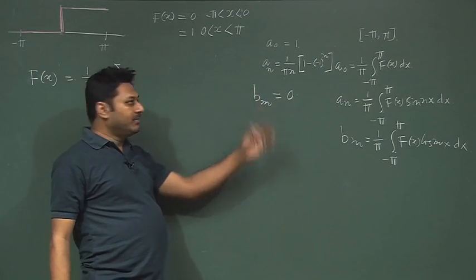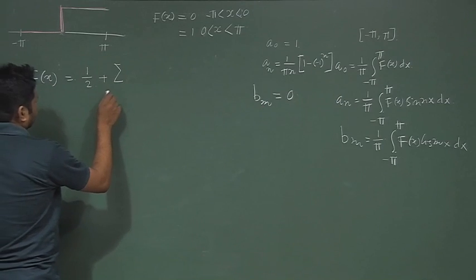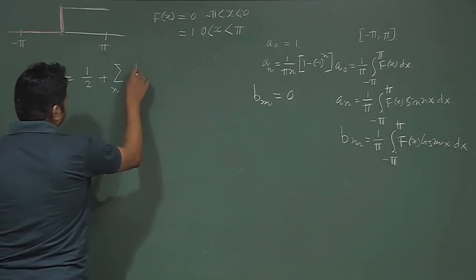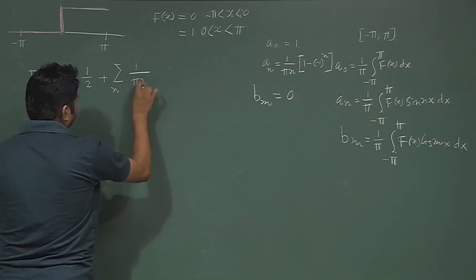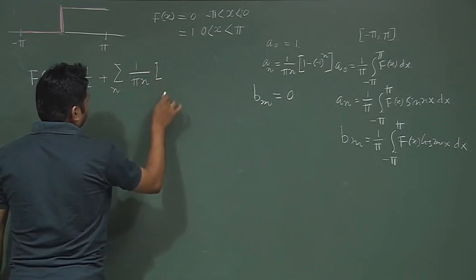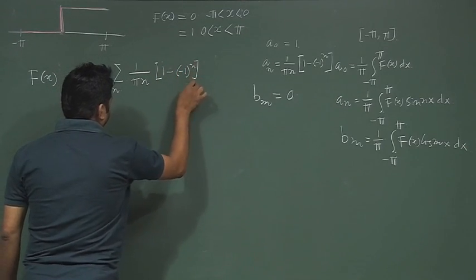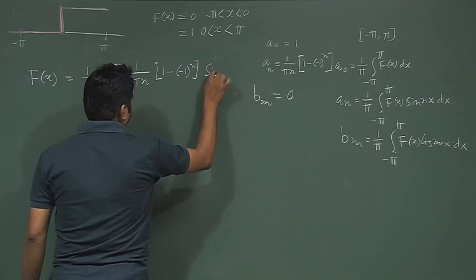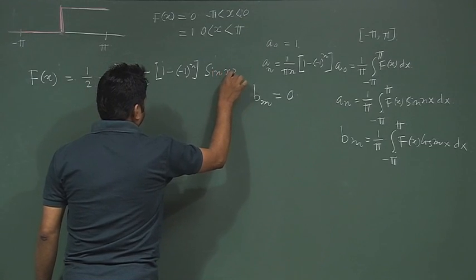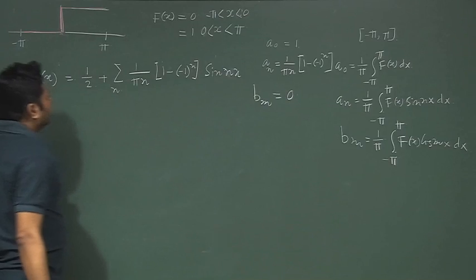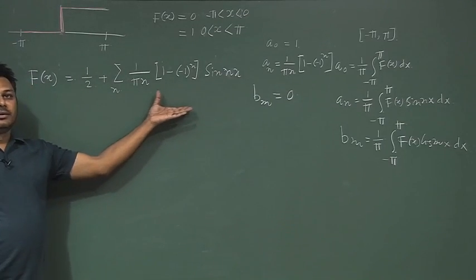So, there will be no bn part here. So, 1 by pi n multiplied by 1 minus minus 1 whole to the power n of sin nx. This is my functional form.